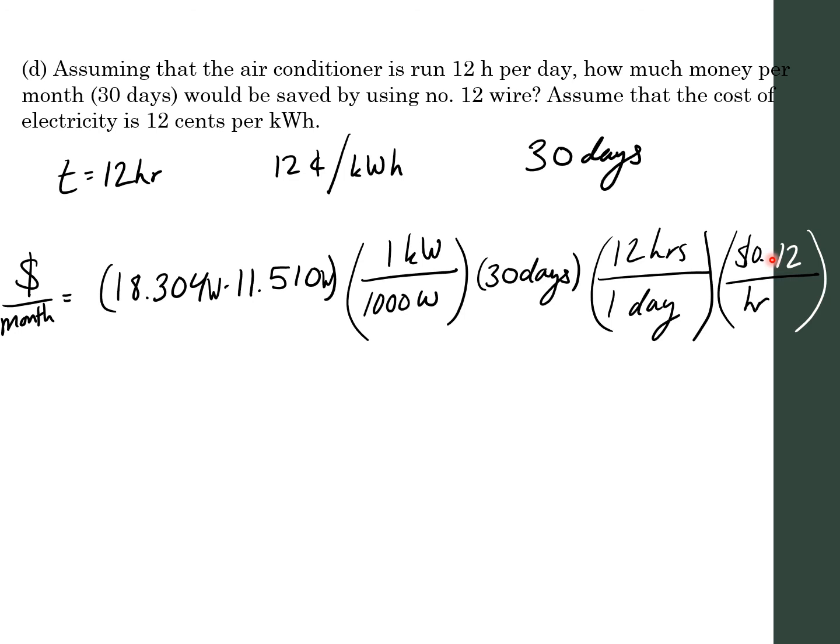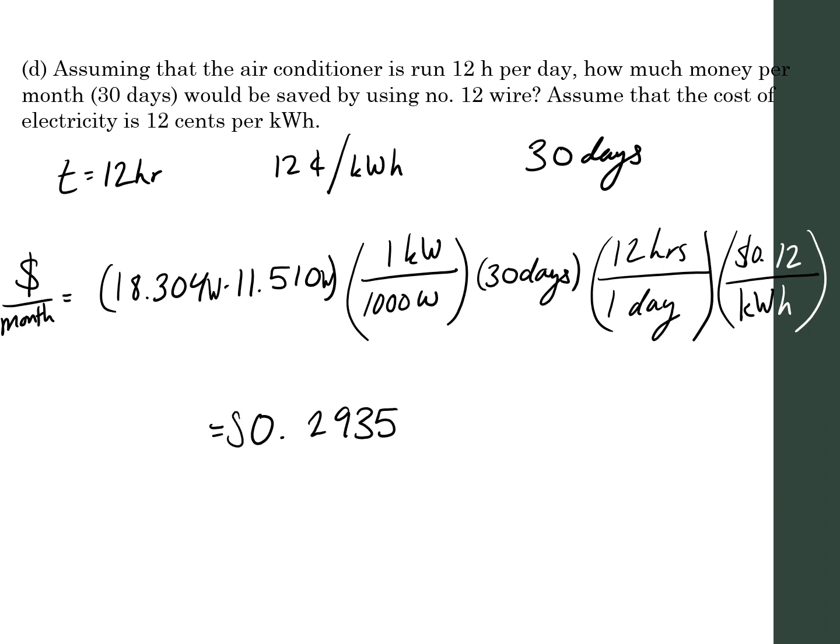Oh, sorry, it's not per hour, it's per kilowatt hour. So by having kilowatts and hours at the top, those combined together are kilowatt hours. And then when we convert to money, that's how we get rid of the kilowatts and the hours. So we can take all of this and plug it in.